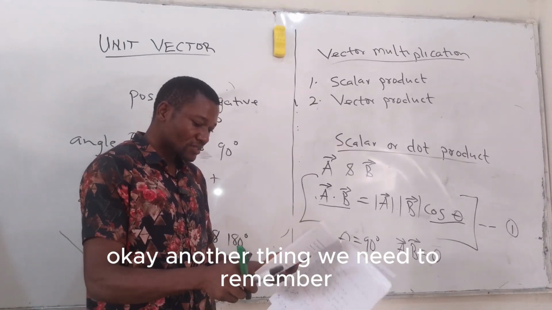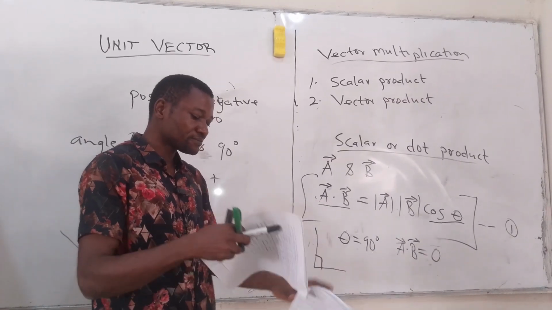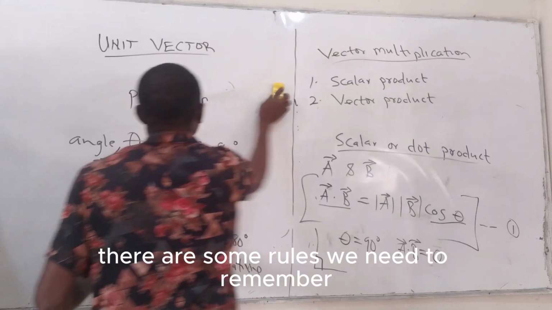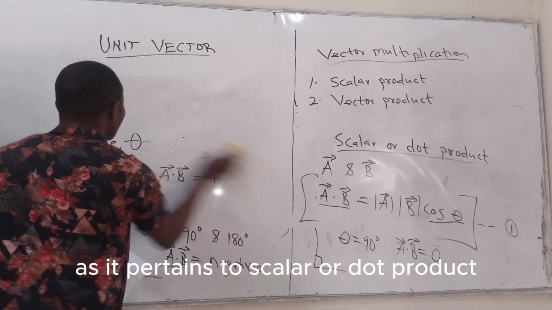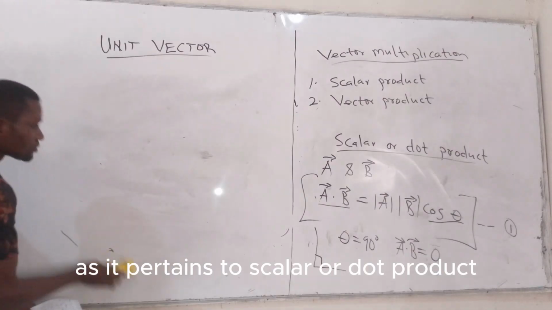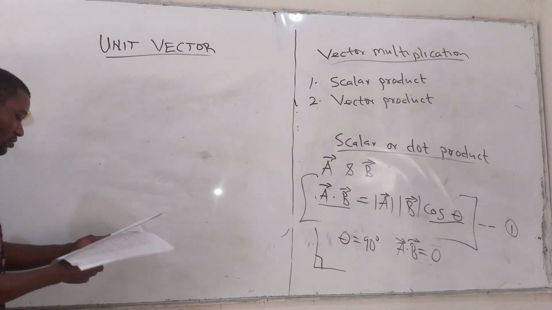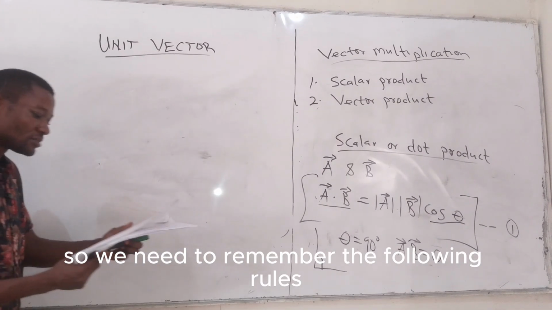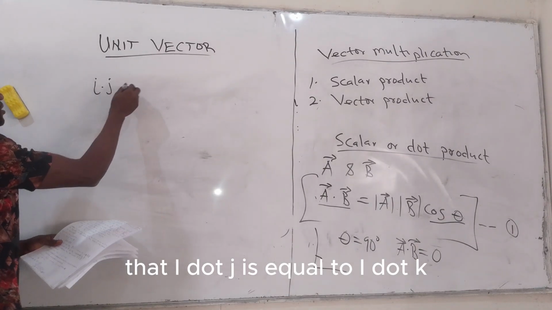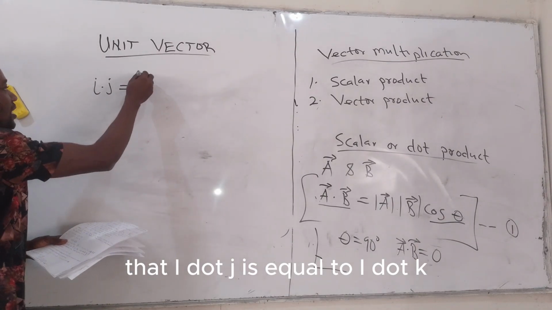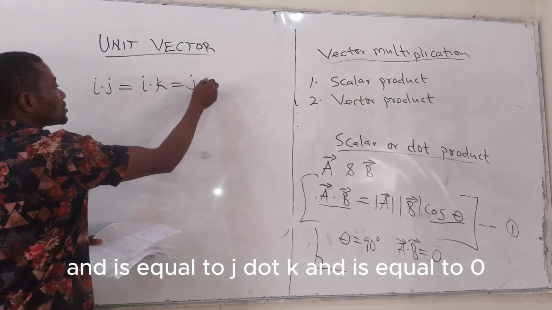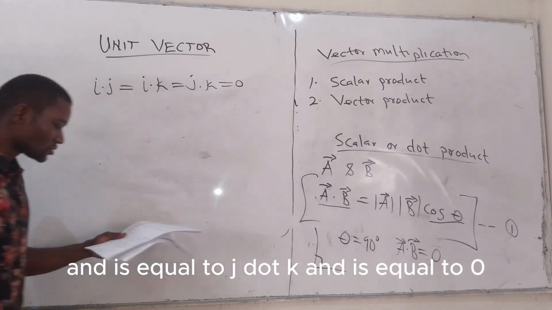Okay, another thing we need to remember, there are some rules as it pertains to scalar or dot product. So we need to remember the following rules: i dot j is equal to i dot k and is equal to j dot k and is equal to 0.